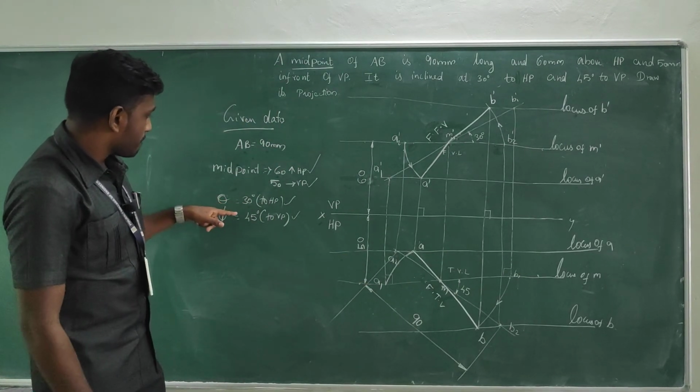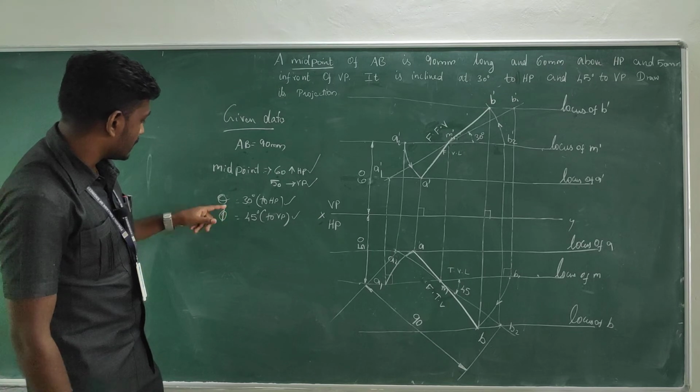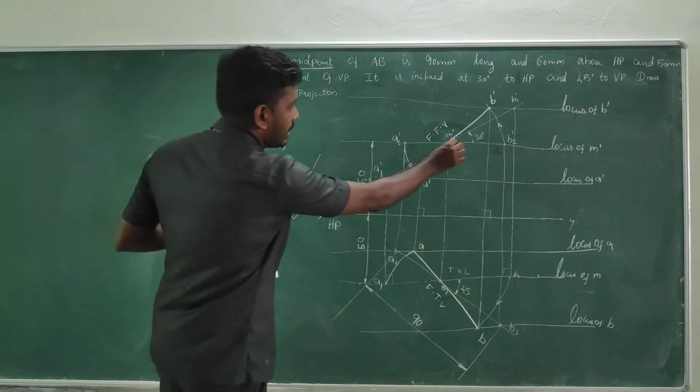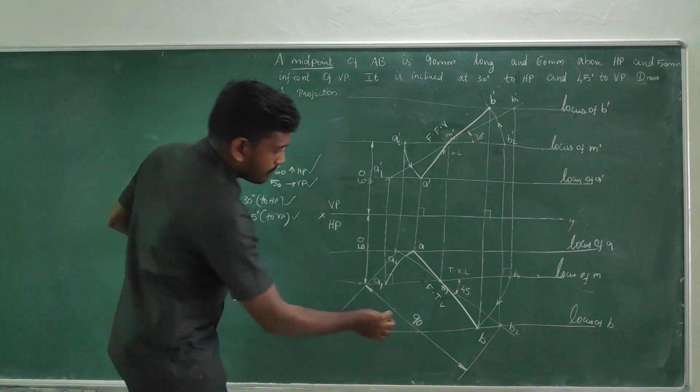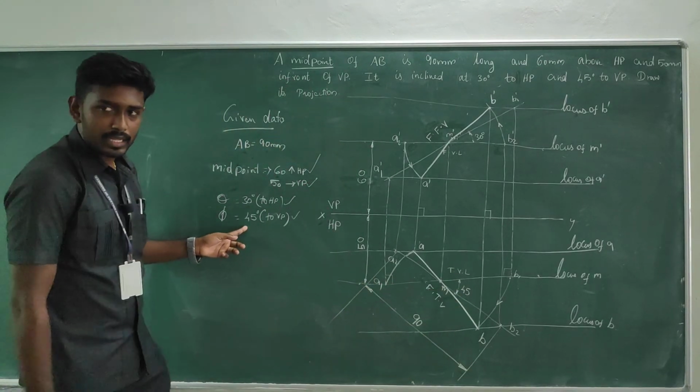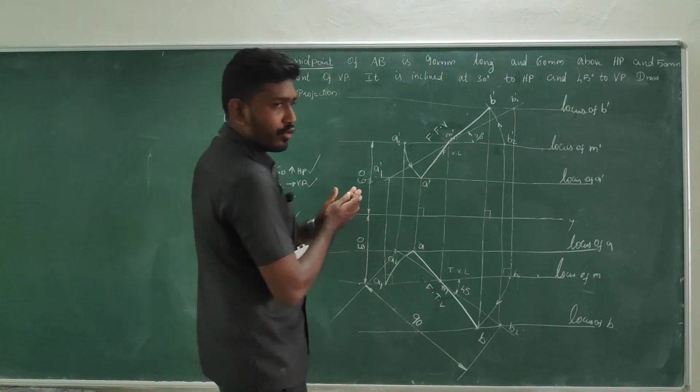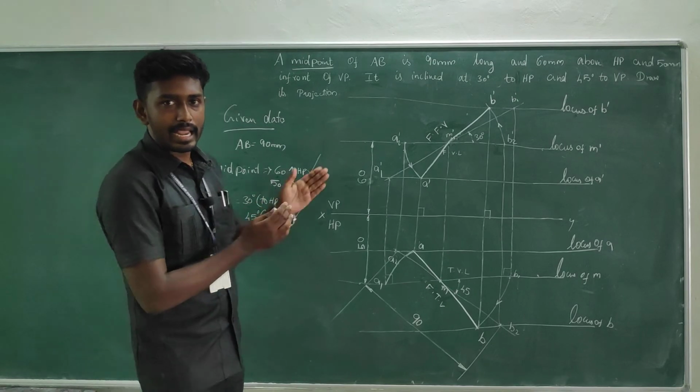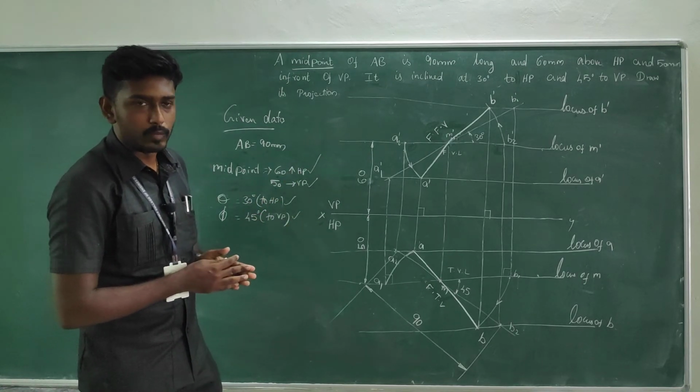And one more thing is there, theta and phi. Theta we have already marked, and phi as well we have marked. And then where are alpha and beta, the apparent angles in the top view and in the front view? Where?